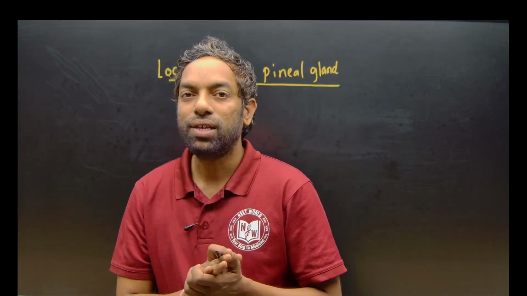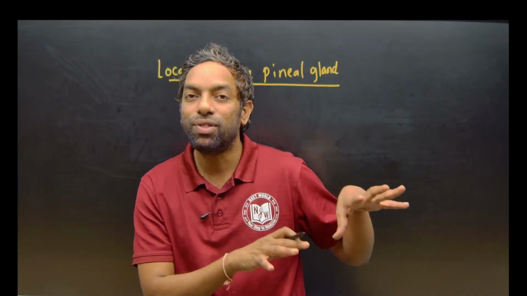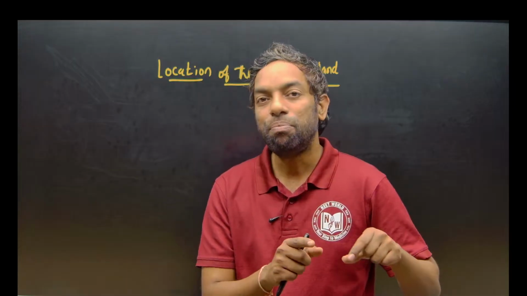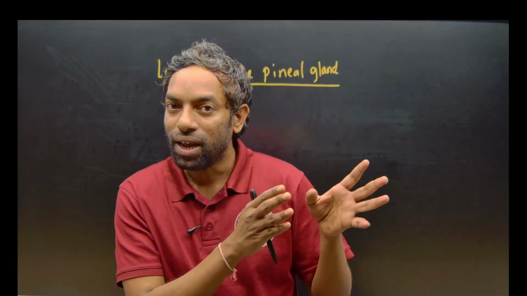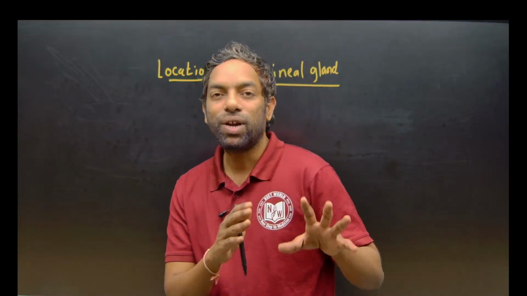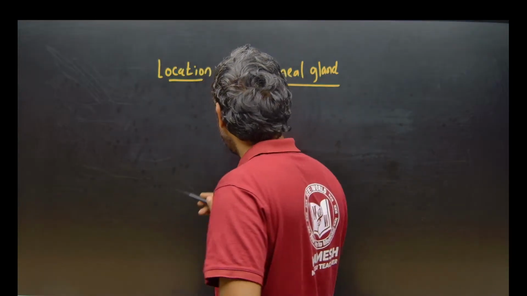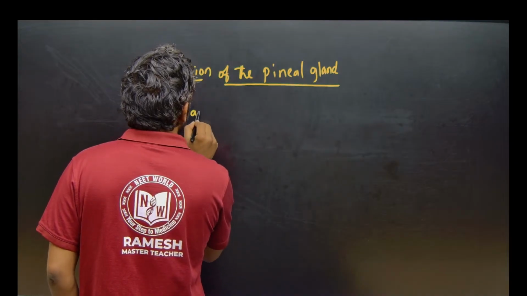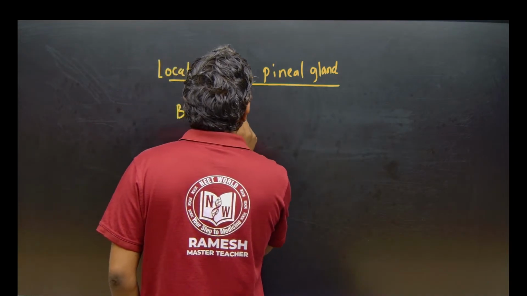Where it is located is relevant to neural control and coordination. Every hormone is controlled by the nervous system. Here, these glands are located in the forebrain.